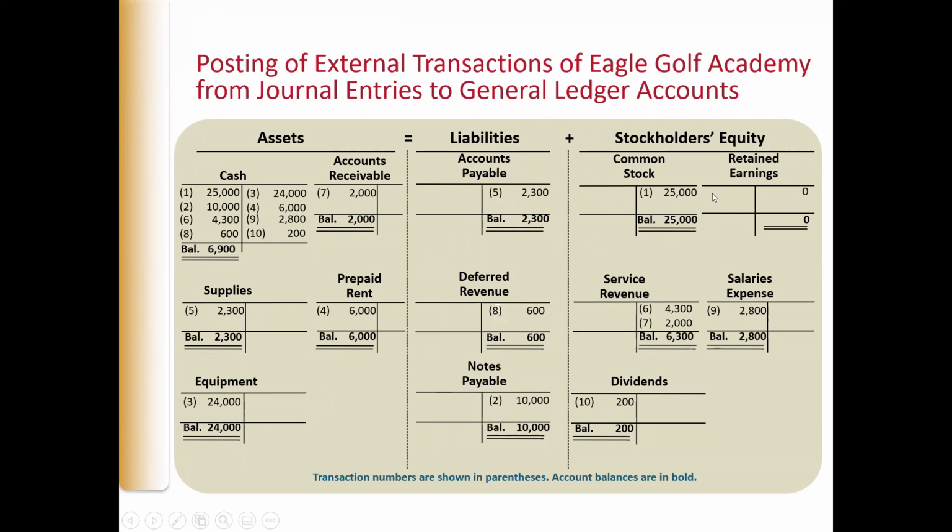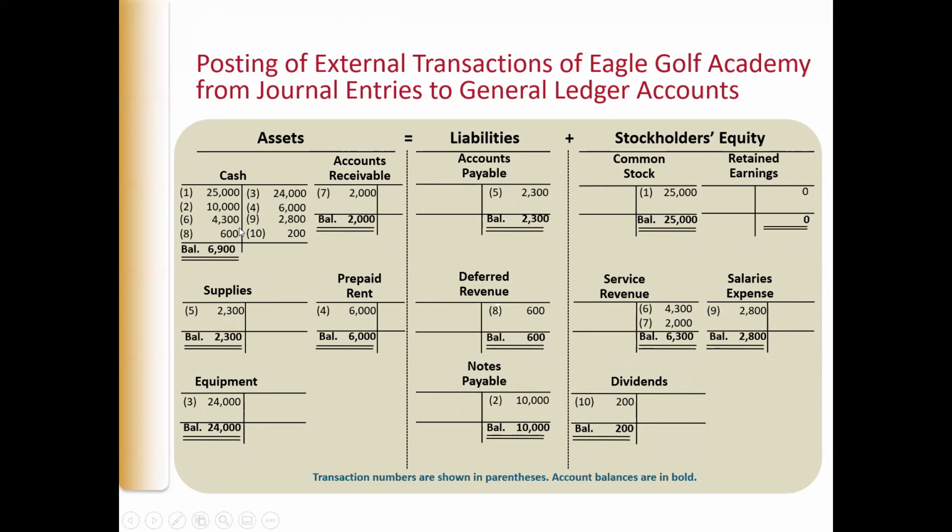And our stockholders' equity have credit balances to increase, debit balances to decrease. Our service revenue increases retained earnings ultimately. And our salaries expense and dividends reduce retained earnings, which is why those are being debited.